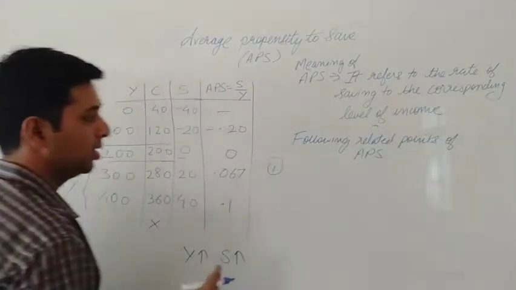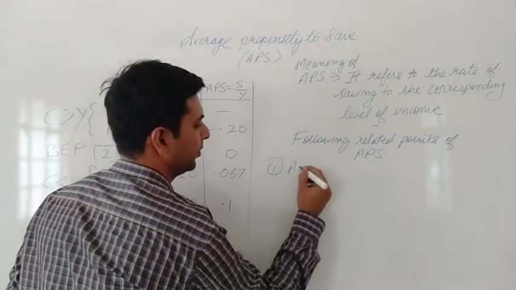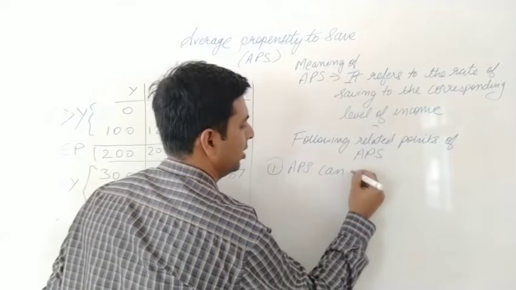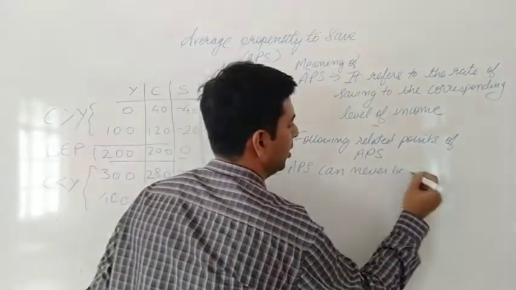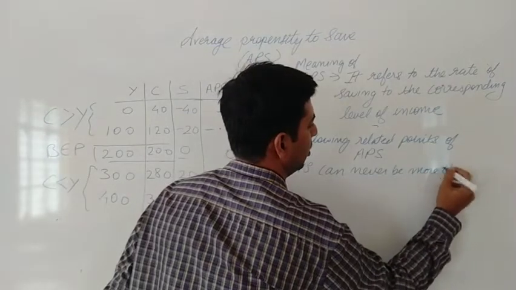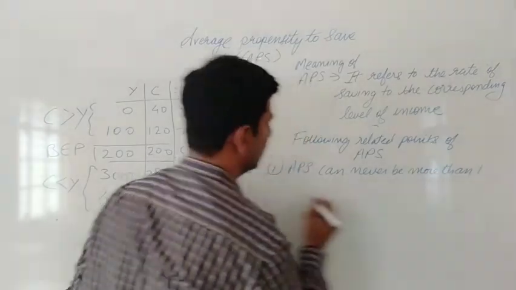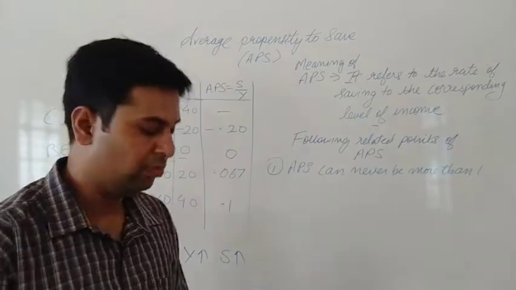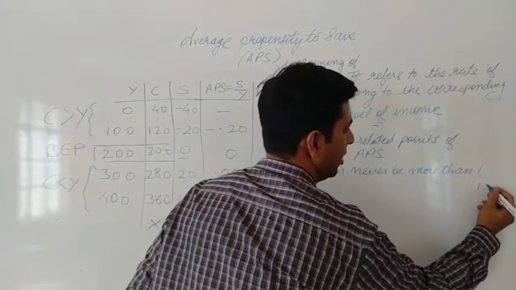The first point you can write: APS can never be more than 1. APS can never be more than 1, and 1 means 100%.